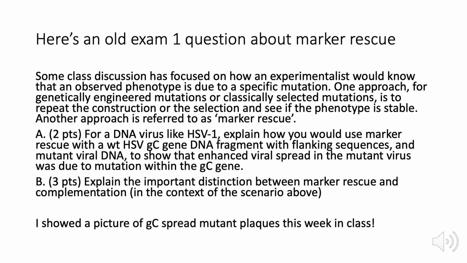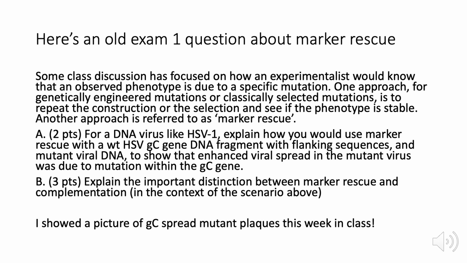So this question has 2 parts, and I'll read you the 2 parts, and then we'll go through some sample answers, some real answers. So part A, for 2 points, for a DNA virus like HSV1, explain how you would use marker rescue with a wild type HSV GC glycoprotein C gene DNA fragment that has flanking sequences and presumably mutant viral DNA to show that the enhanced spread in the mutant virus was actually due to the mutation within the GC gene.